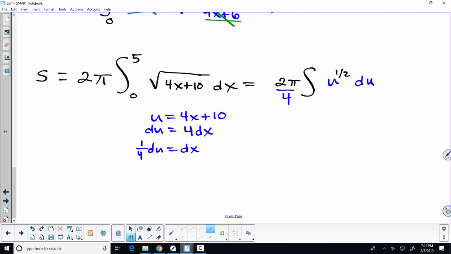Then plug the original bound 0 to 5 in, feel free. But if x is 0, then u is 10. And if x is 5, then the upper bound is 30. You'll always have a simpler function after you've substituted.